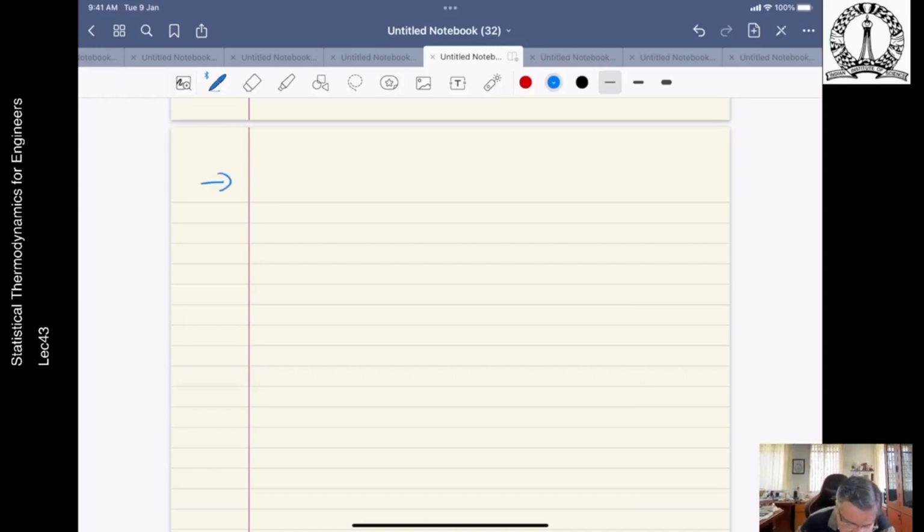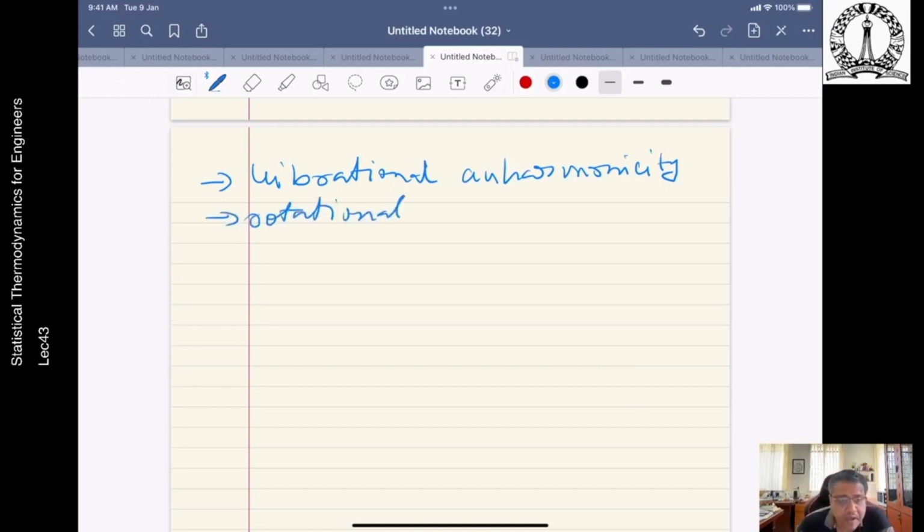So what we are missing: vibrational anharmonicity, right? Okay. Then rotational centrifugal stretching.